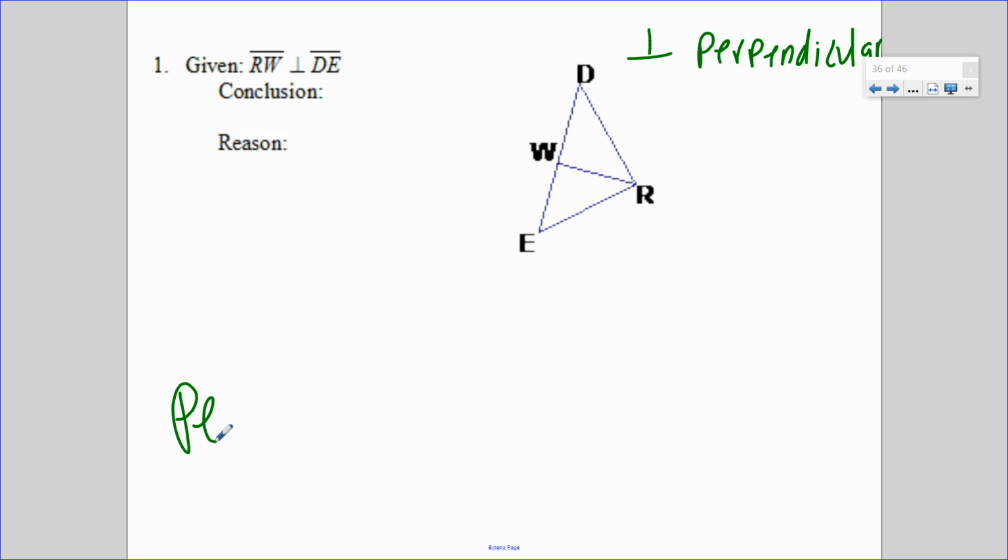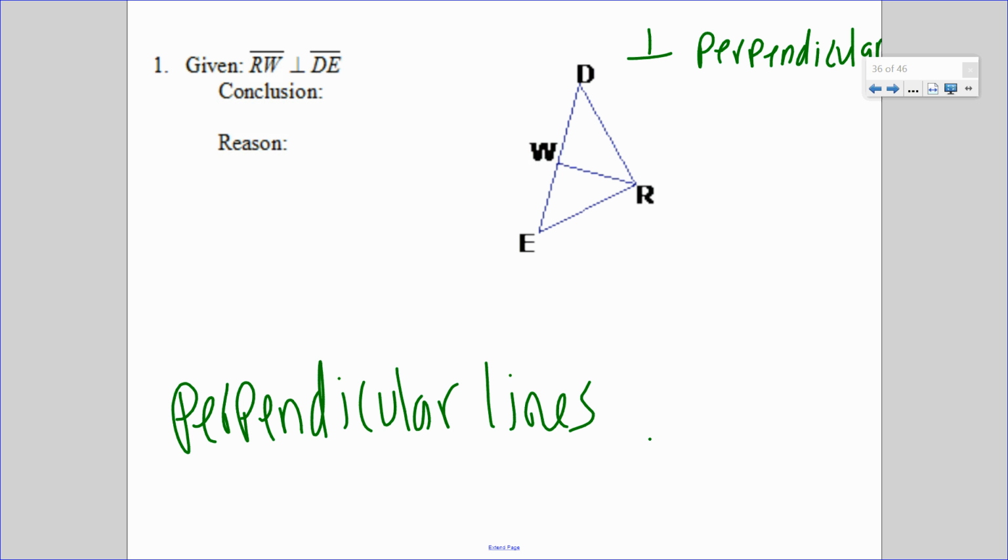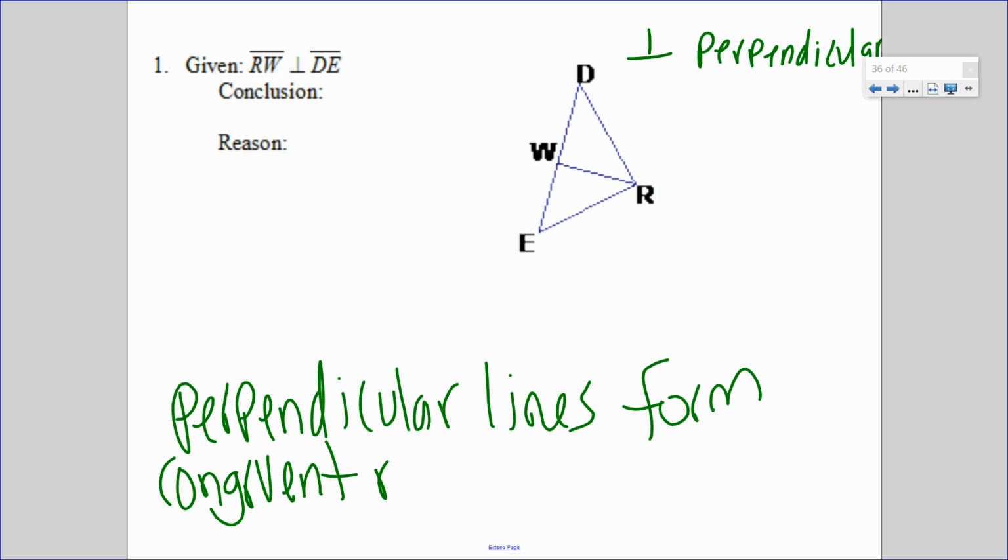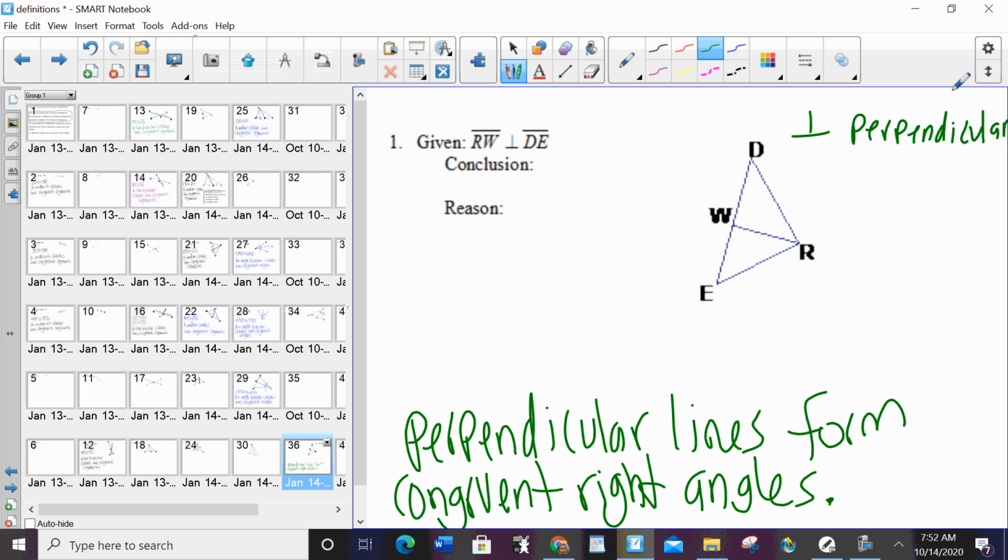So my definition is going to be perpendicular lines form congruent right angles. Since I have two right angles formed, if they're both 90 degrees, then they must be congruent. So all you have to do is find the right angles. The right angles are where the perpendicular lines meet.